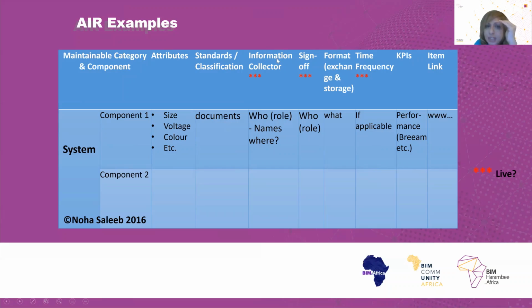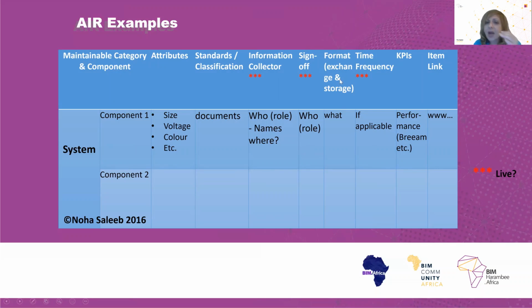Who are the information containers for the component, as I said, per role, not per name, okay? Who is to sign off on collecting and maintaining that information? Maybe you can add an extra column for who is responsible for mitigating any errors in the collection.